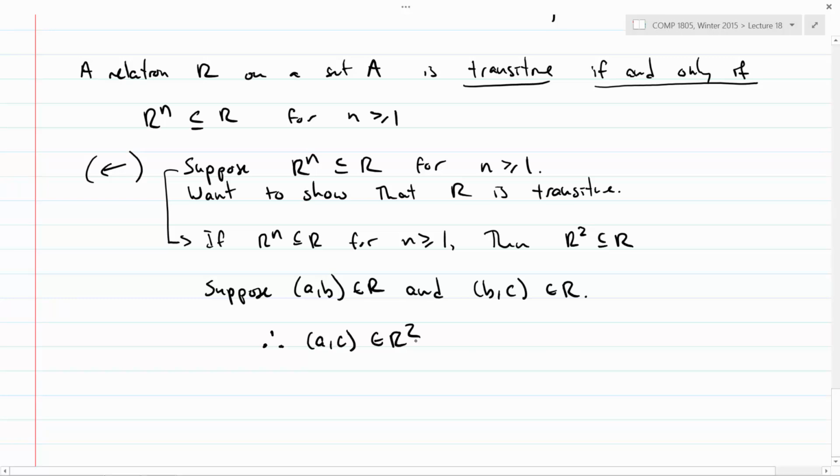We want to prove that R is transitive, so we've assumed (a,b) in R and (b,c) in R, and I'd like to finish the job by saying that (a,c) is in R, and I'm close. I proved that (a,c) was in R squared. So how do I finish this?